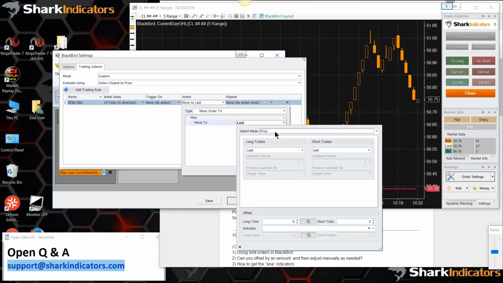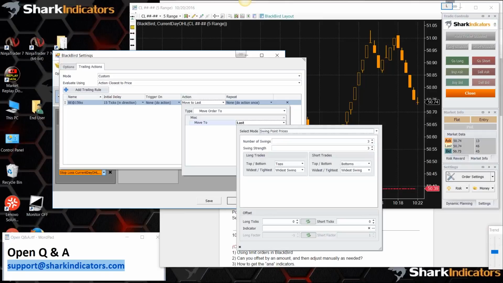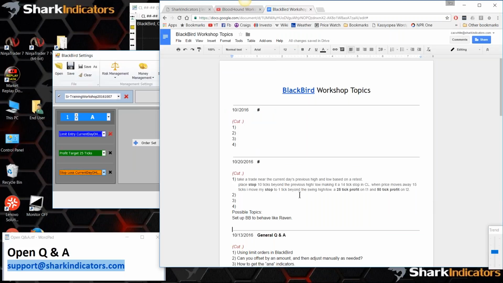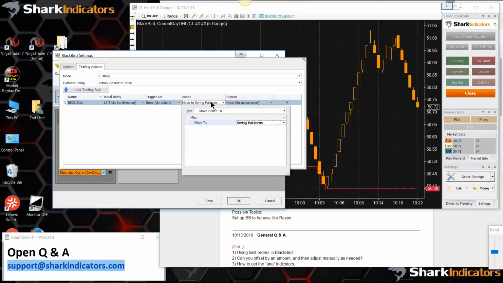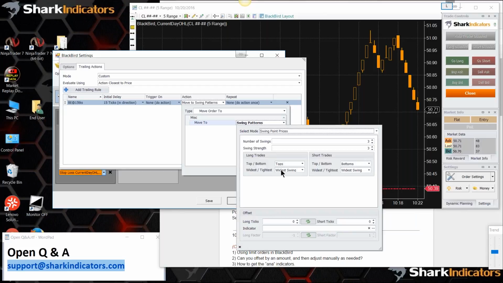We actually want to move it to the swing point, because the rules said we're going to move the stop 1 tick beyond the swing high-low. So we're going to move it to the swing pattern here.